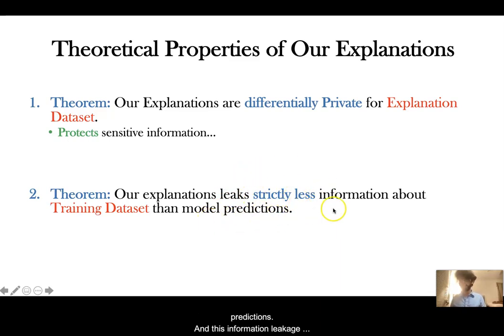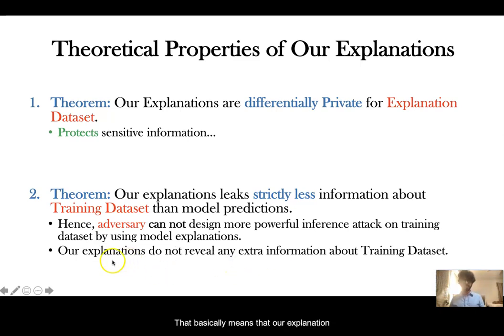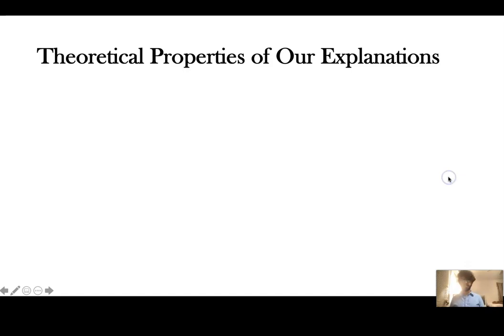That means an adversary cannot design a more powerful inference attack on the training dataset by using our model explanation. Our explanations do not reveal any extra information about the training dataset than is already revealed through the model predictions.